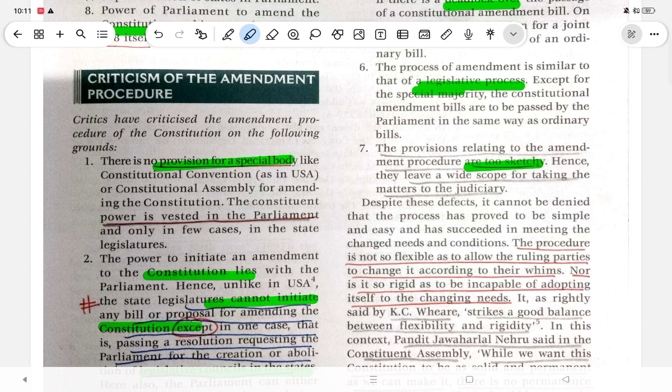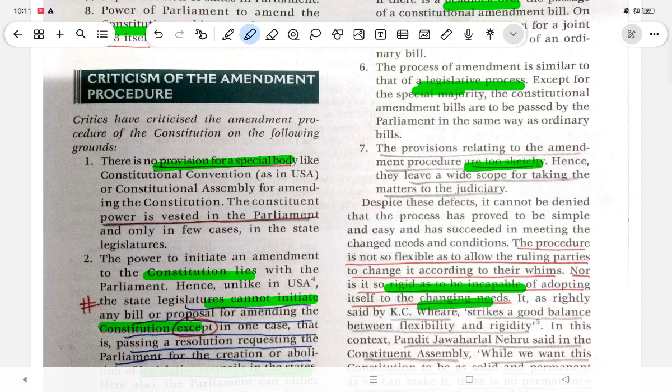The procedure is not too flexible, as to allow the ruling parties to change it according to their vision, nor is it rigid and incapable of adapting itself to changing needs.